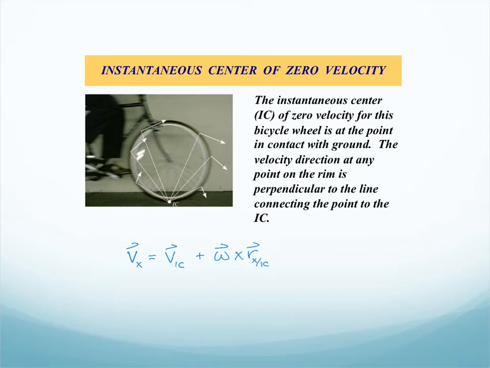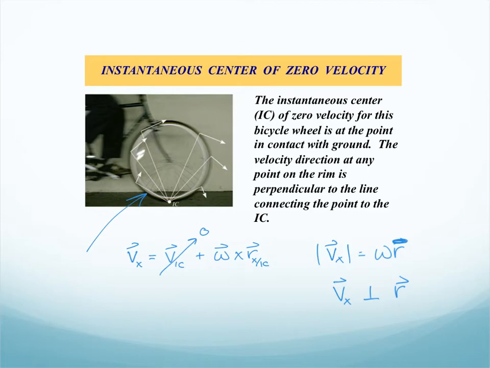So this is really that relative velocity expression that we used in the previous section, except that this is equal to 0. And so the things that we know is that the magnitude of this velocity is simply the angular velocity of the object times that position vector, just the magnitude of it, and that the velocity vector is perpendicular to the radius, which is what is shown in this picture right here.